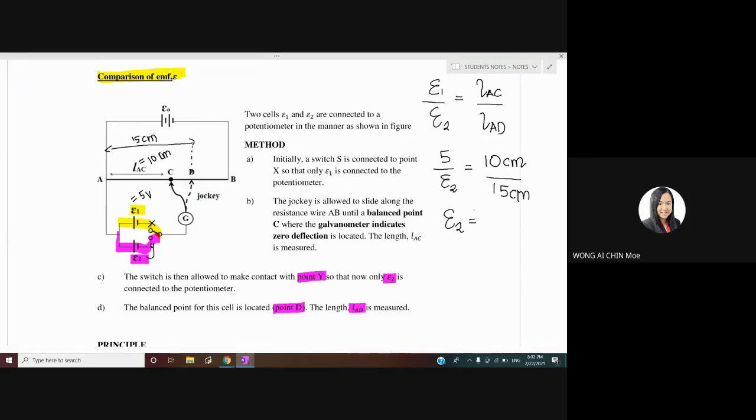So meaning that we can compare the value of the EMF. So epsilon 2 equals 5 times 15 over 10, so you will get 7.5.